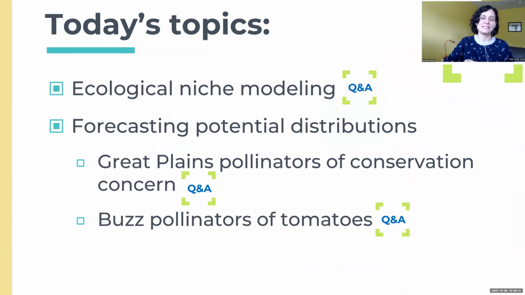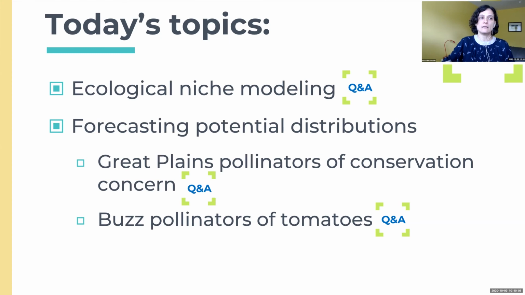So for today, my plan is to provide a very brief introduction into ecological niche modeling, or at least I have, I think, 3 slides. I don't know if I will be brief, but I'll try. So I would like to provide a brief overview of this methodology, and then illustrate this research method with 2 case studies, focusing on forecasting potential distributions of species under climate change scenarios.